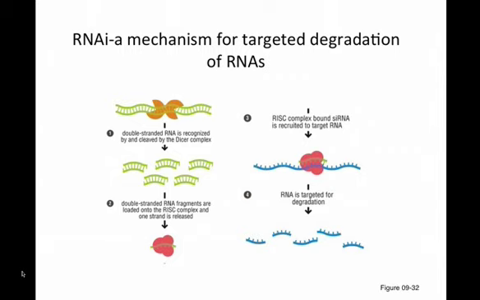And that single-stranded RNA is going to base pair with the target RNA that's going to be destroyed. So the RISC complex plus RNA is brought to the target RNA, and then that target RNA is degraded. And if you degrade your RNA, you're not going to get any protein, right? Everyone agree with me on that one?